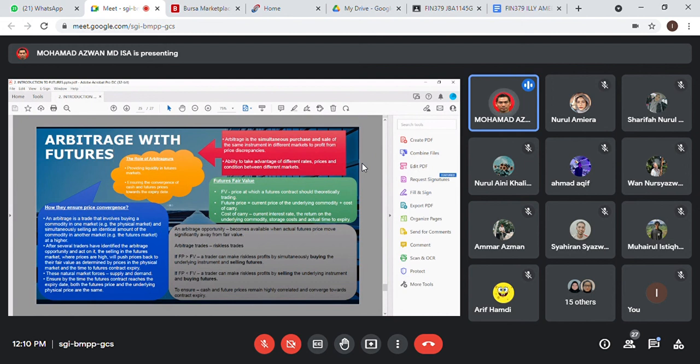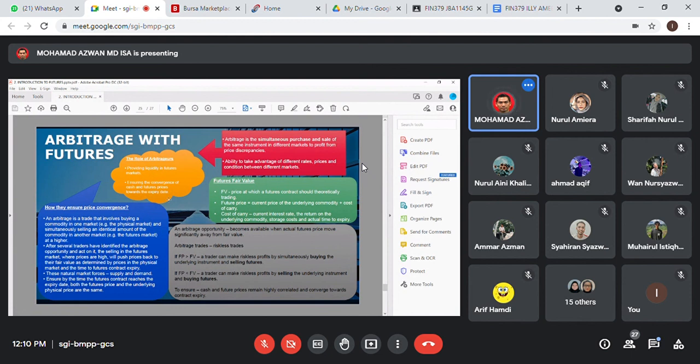Okay, so how do they trade? They trade also based on price expectation. Say they expect the CPO price to drop, and at the same time they expect the FKLI to increase, so they can sell CPO today and at the same time buy FKLI today.